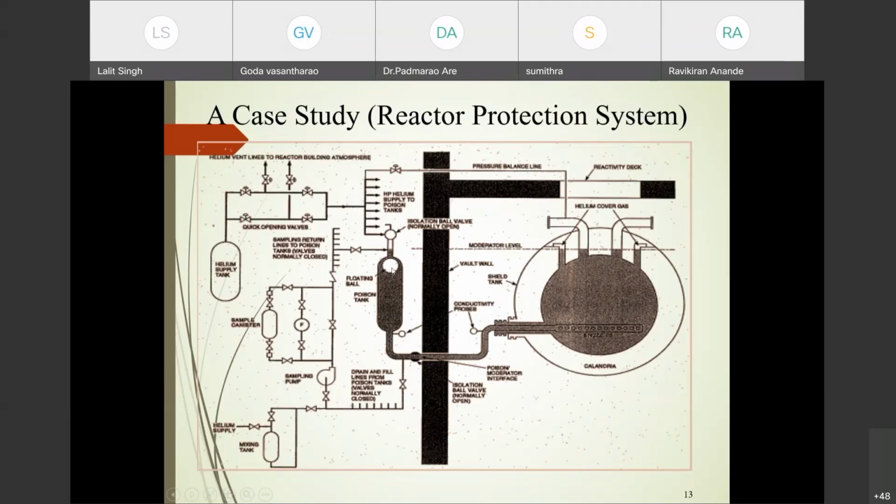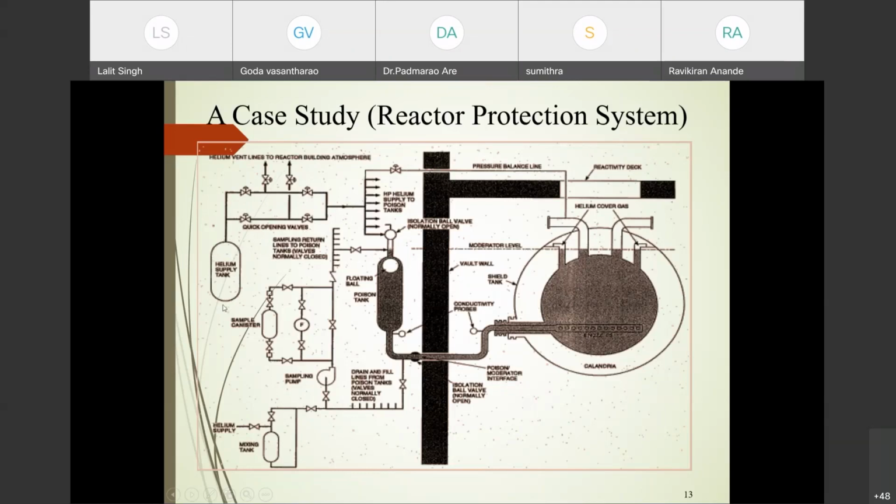So now let us backtrack from this floating ball, and you can see it is connected to a set of valves, and we will try to understand why these valves are required, which is connected to a helium supply tank.